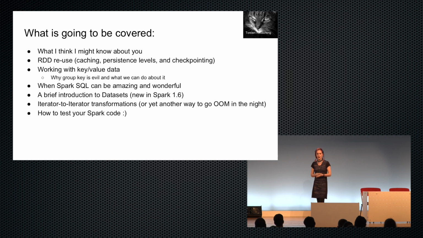It's really great. Then we'll also talk about iterator to iterator transformations inside of map partitions. And I'm briefly going to talk about how to test Spark code and how to validate your Spark code. And this leads into some of the counters that Spark collects on our job as we're running. That can be useful in general debugging as well as testing and validation.